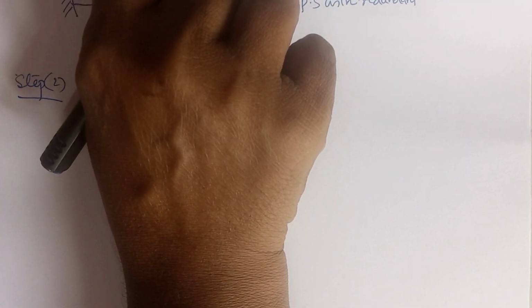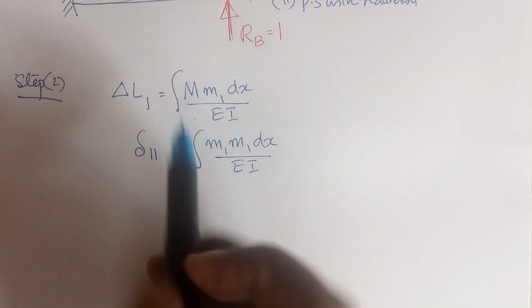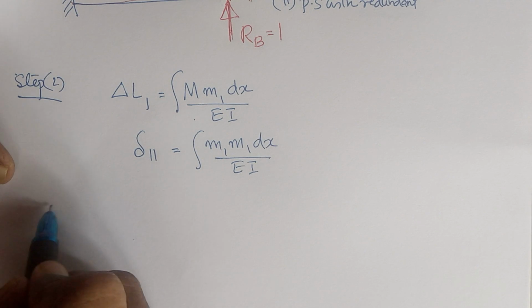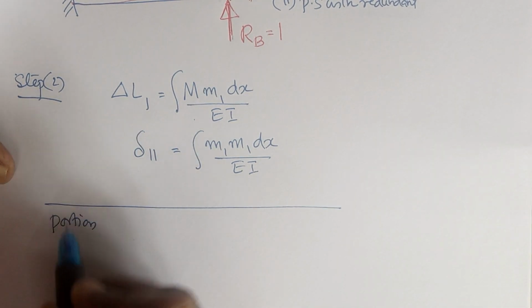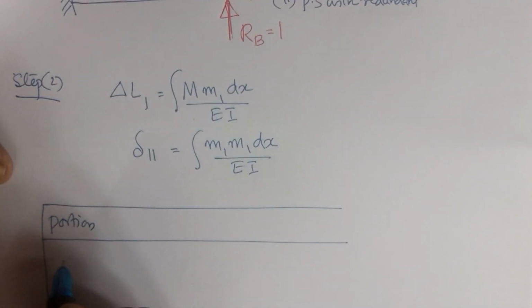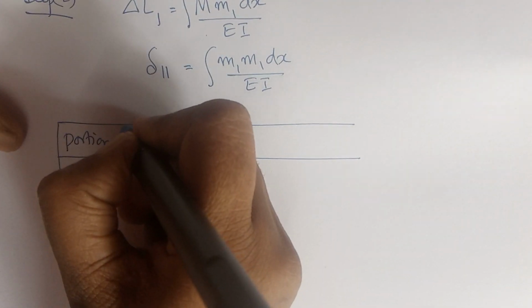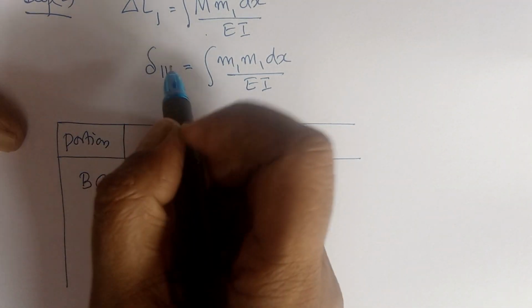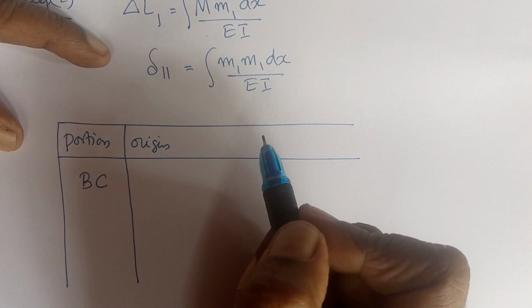So here in this portion BC there is no load, in this portion there is load. So different expressions will be there. So what we have to do is split the beam into different portions. First portion is BC. So portion BC, we have to take the origin.